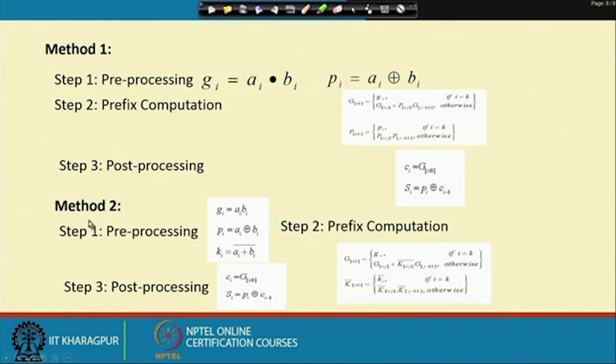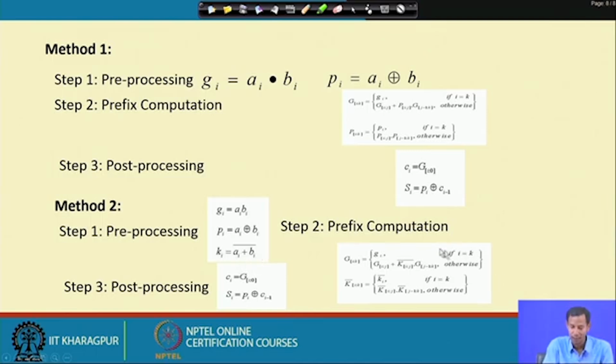Then there is another method. In the first method we take Gi and Pi. In the other method we take three variables, Gi, Pi and Ki, where Ki is the XNOR operation of Ai and Bi.